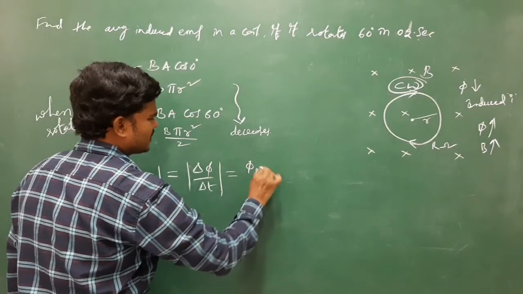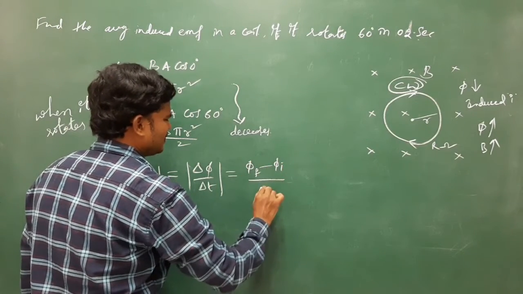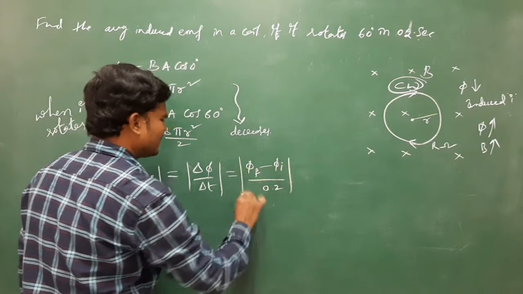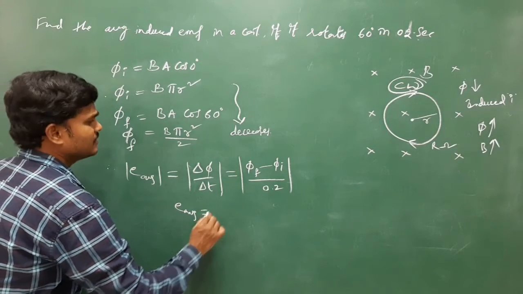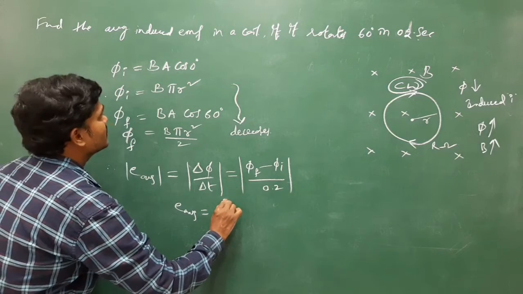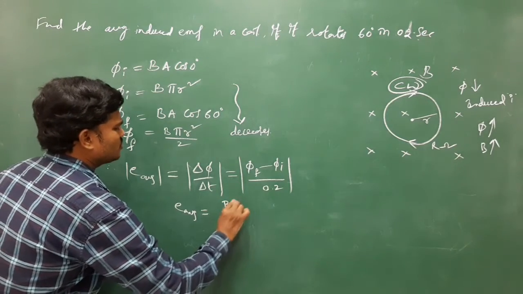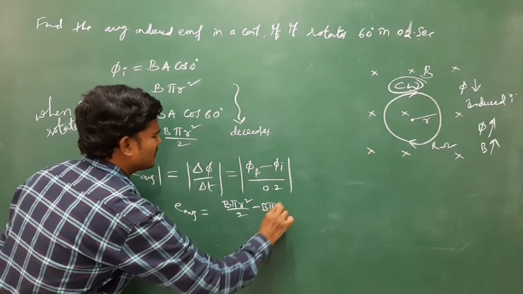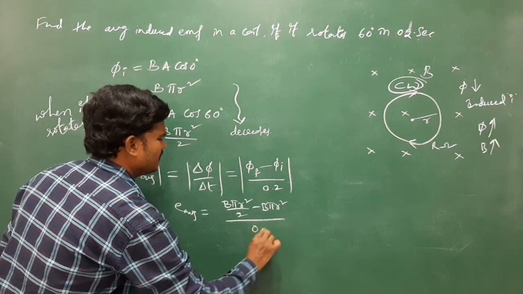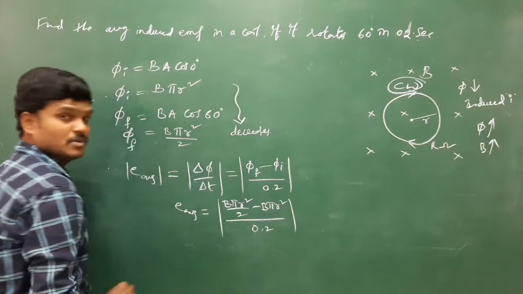So this can be written as phi f minus phi i, divided by 0.2. Directly we can write, the average induced EMF: phi f is B pi r square by 2, minus B pi r square, divided by 0.2.